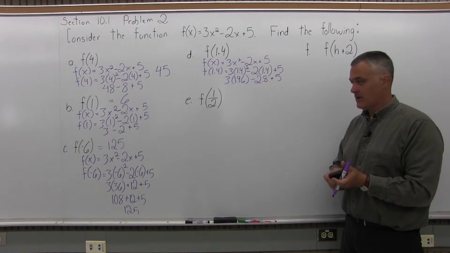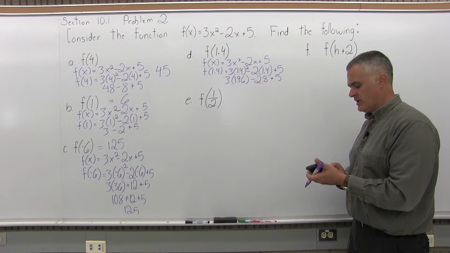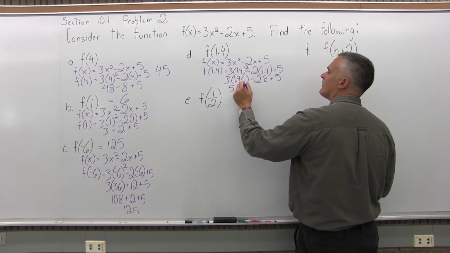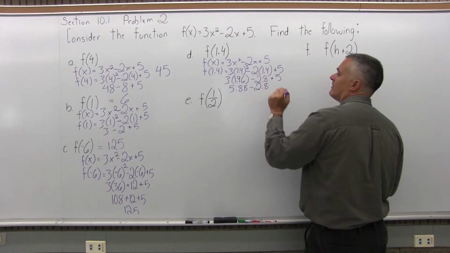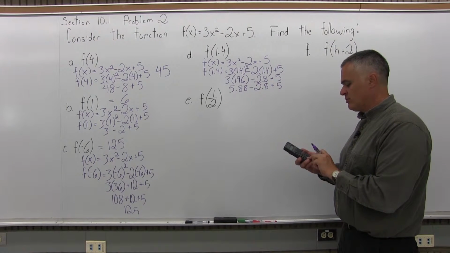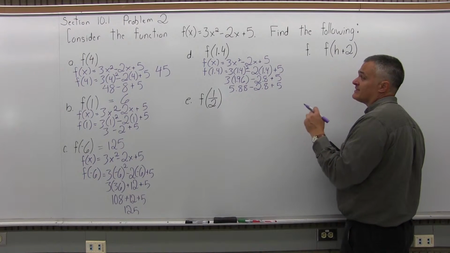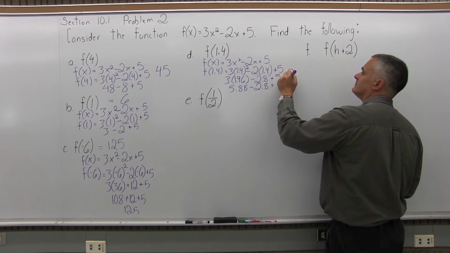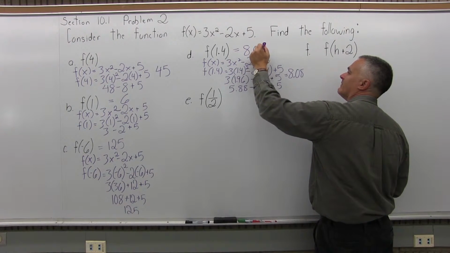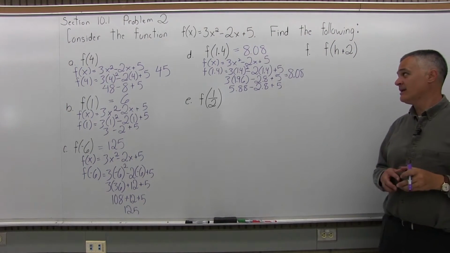Let me just check that with my calculator. 3 times 1.96 is 5.88. Minus 2.8 plus 5. So 5.88 minus 2.8 is 3.08 plus 5. 3.08 plus 5 is 8.08. So f of 1.4 is 8.08. For this function, if you put in a 1.4, you will get out an 8.08.